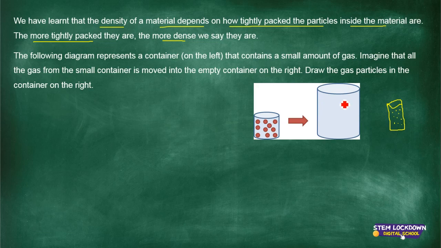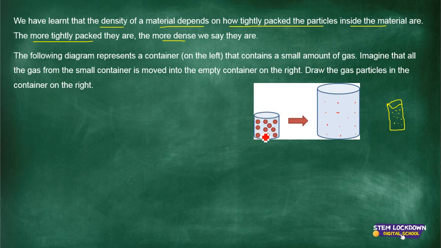Okay, so we're going to take all this gas and arrange it into a larger cylinder. That means it's going to be spread out. So it's 9, 10, 11, 12, and we can put somewhere randomly 13.